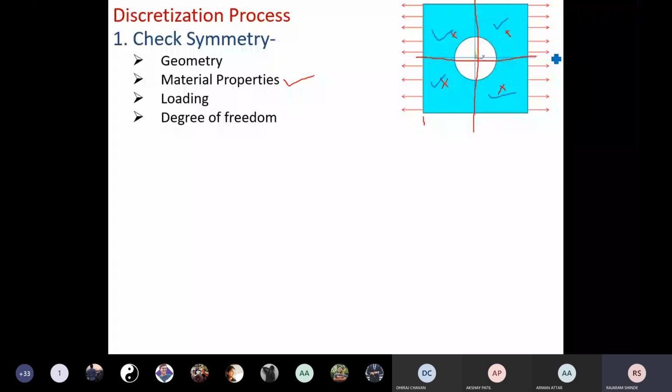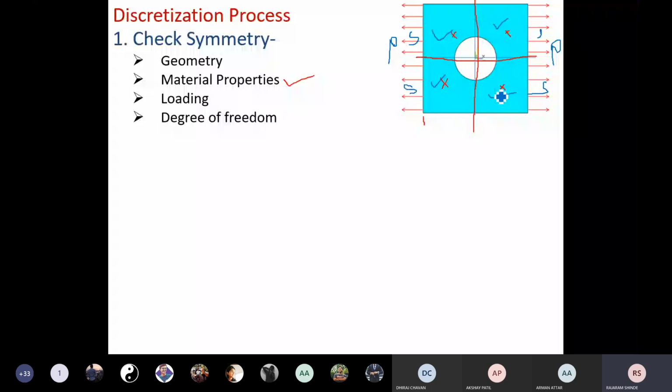Now if you observe the loading, if the magnitude of the load is the same at this location and at this location, that means it is uniformly distributed over this surface, then the loading is also symmetric about the vertical axis as well as about the horizontal axis.